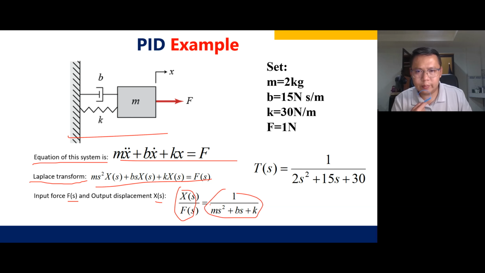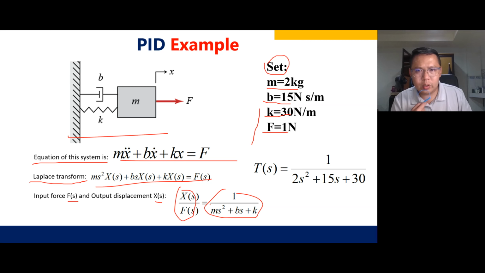Let's set m equal to 2, b equal to 15, k equal to 30, and F equal to 1.